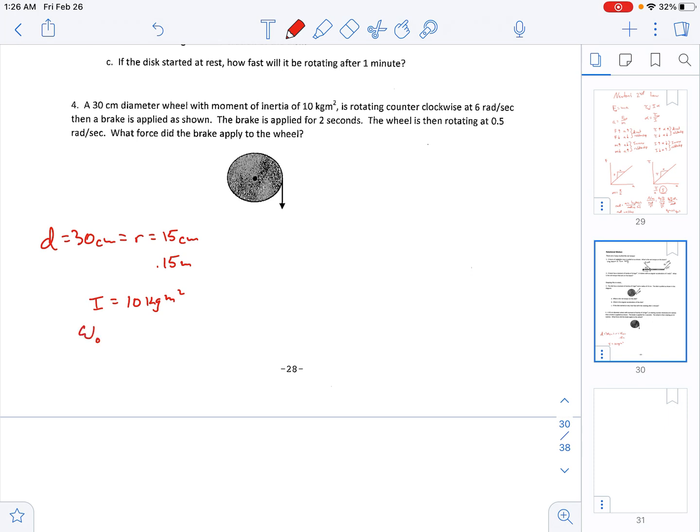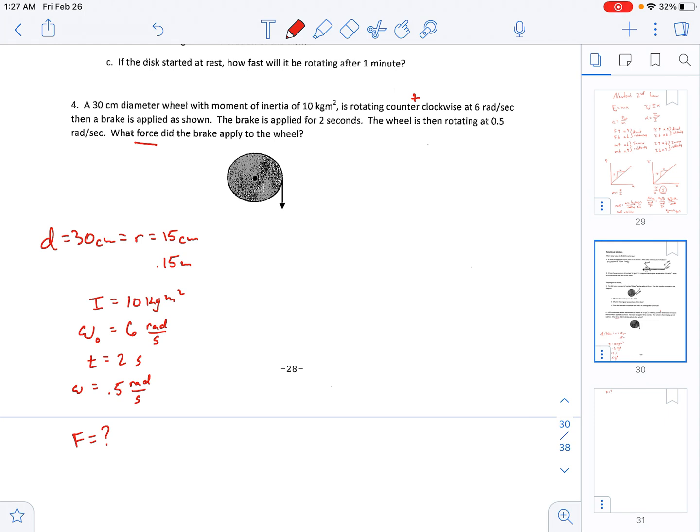That's going to be my omega 0, because I'm going counterclockwise, remember counterclockwise is positive, so 6 radians per second. I have a time of 2 seconds, and I have a final omega of 0.5 radians per second. And ultimately it wants to know what the force is. Right, there's my question mark.